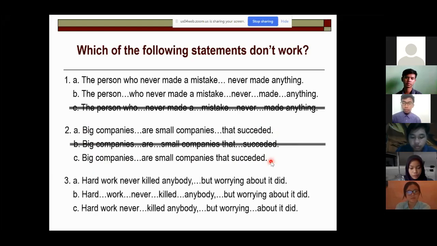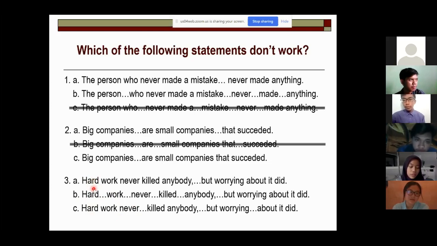Then what about number 3? Which one doesn't work or is incorrect? A, B, C. Anybody of you want to try? B, ma'am. Okay, this one. So would you please state parts A and C?